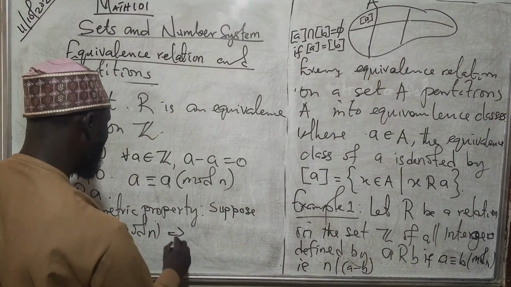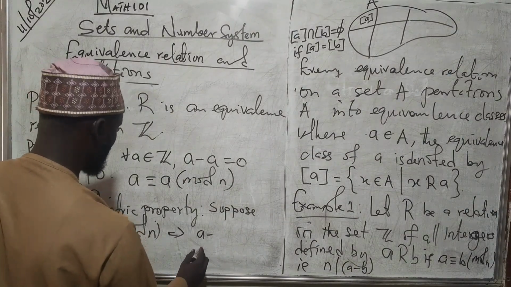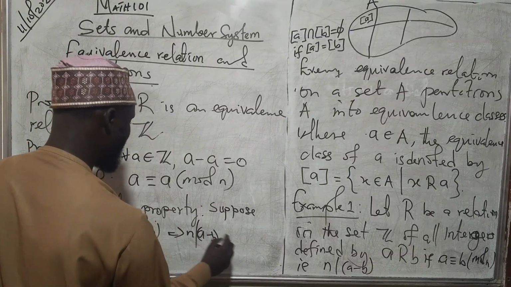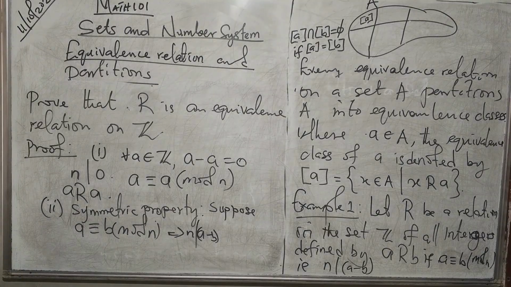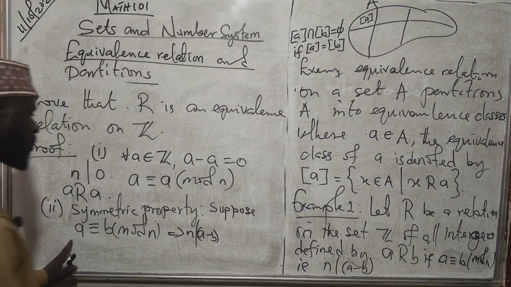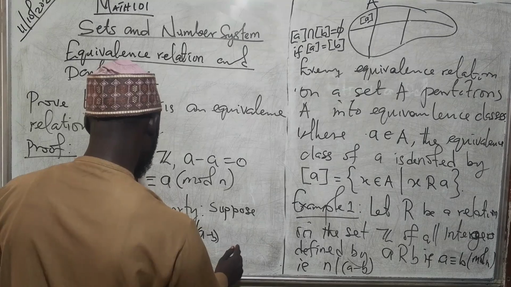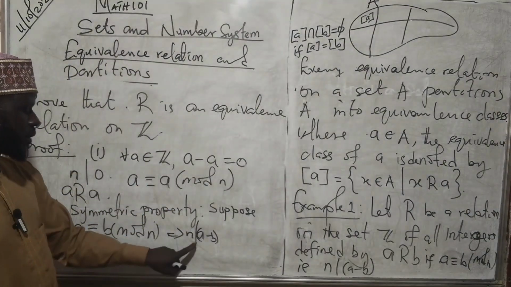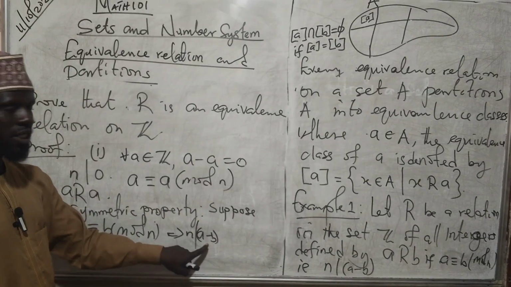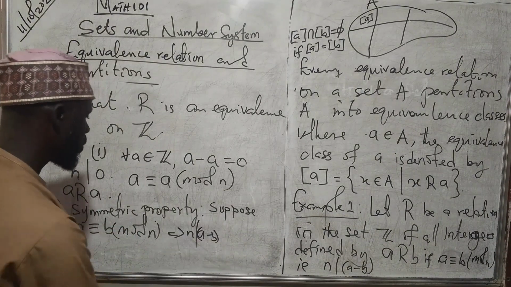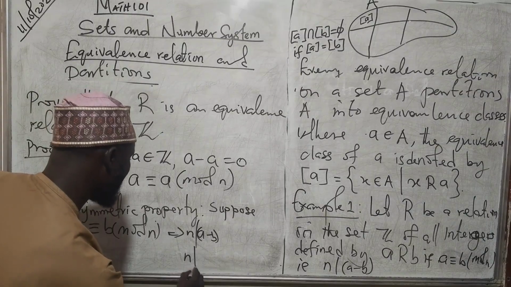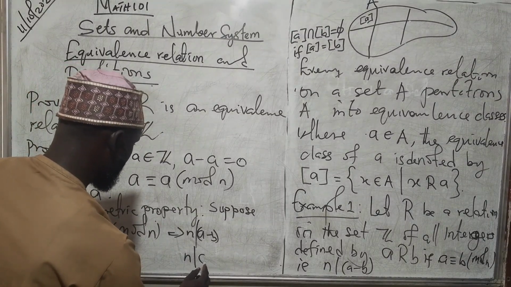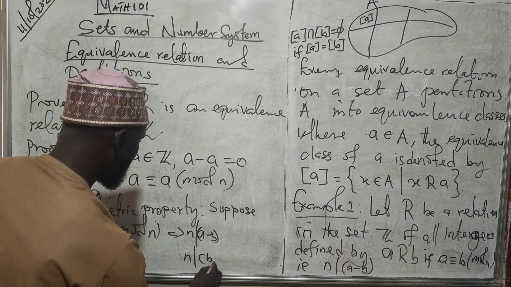This implies A minus B is divisible by n. That is, n divides A minus B. A minus B is also an integer, since A and B are integers. So we see that n also divides B minus A.